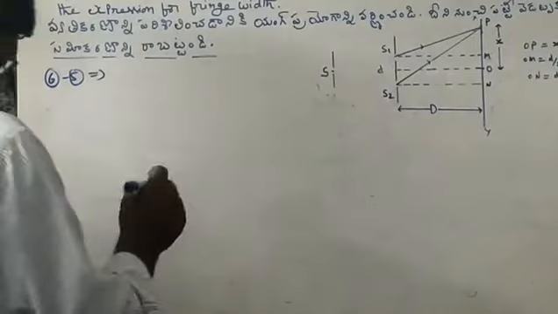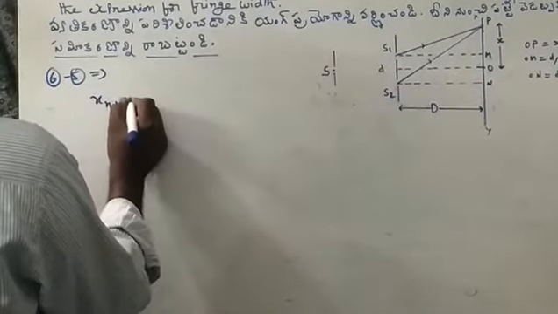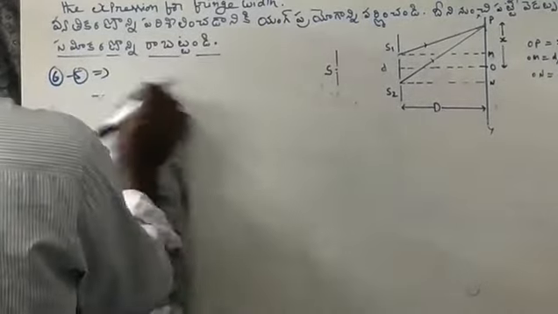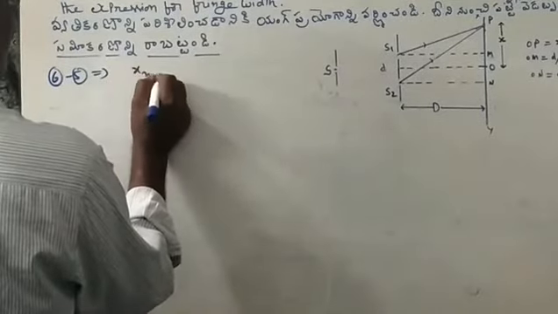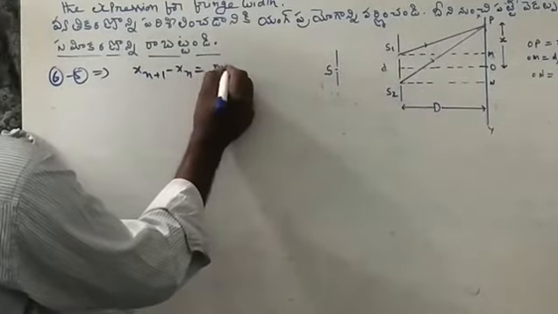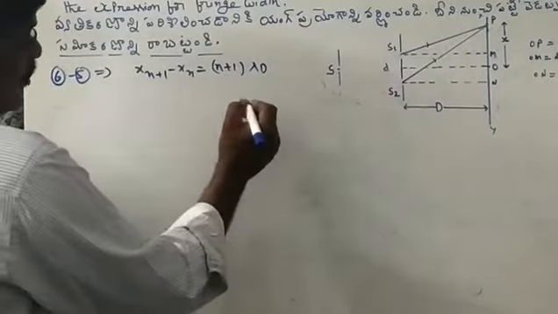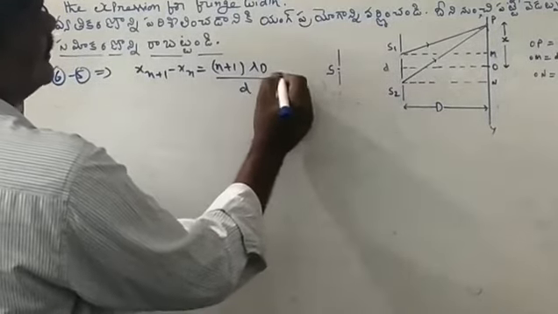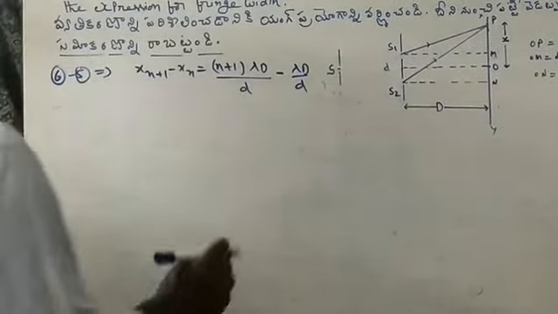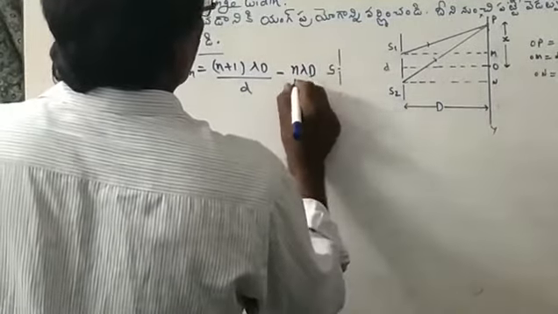Subtracting 5 from 6, xn plus 1 minus xn is equal to n plus 1 into lambda D by small d minus n lambda D by small d.